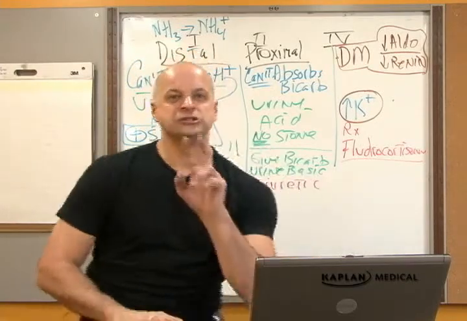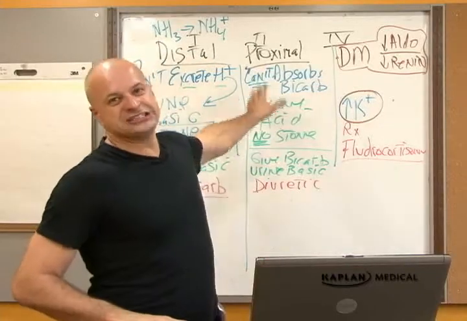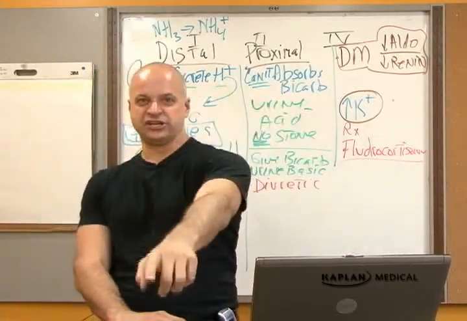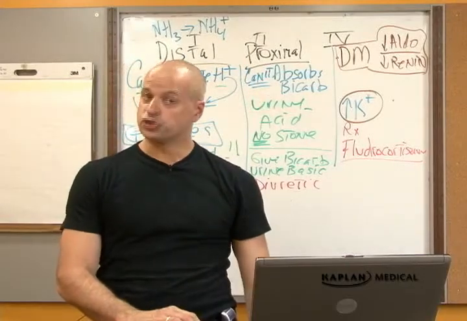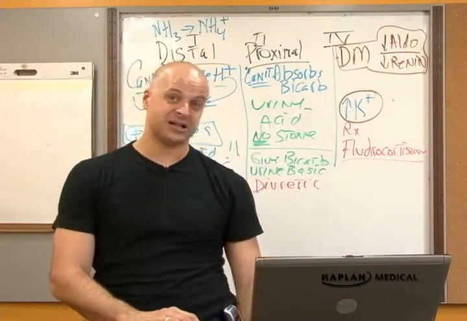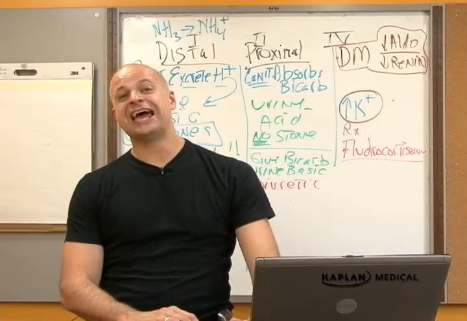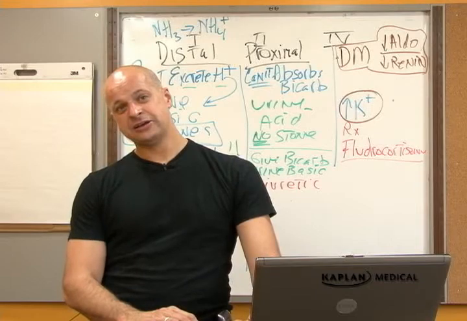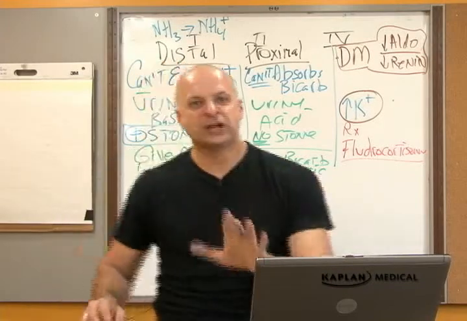There are basically 2 types of normal anion gap metabolic acidosis: RTAs and diarrheas. That's the end of RTA, which is a complex and challenging section.